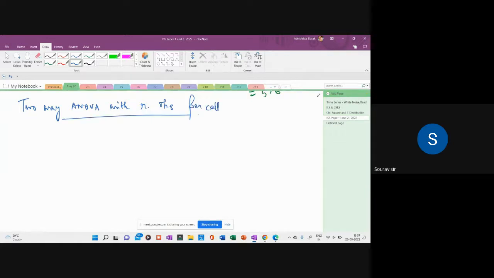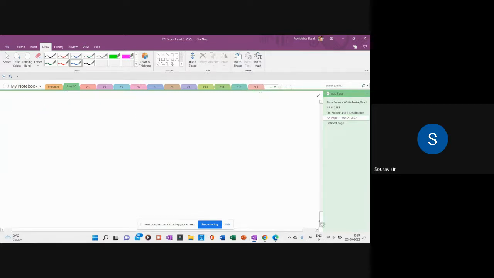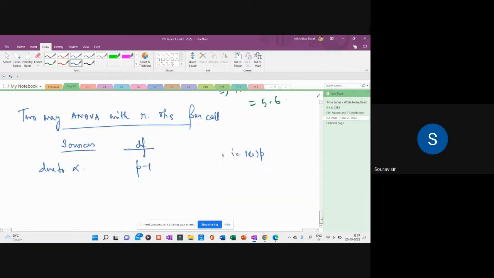That actually gives me the sources and its corresponding DF. If the source is alpha, it's due to alpha basically. Then it is P minus 1 as I runs from 1 to P. Then if it is due to beta, then it is Q minus 1. J runs from 1 to Q.